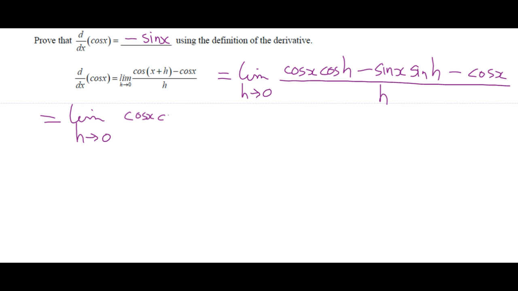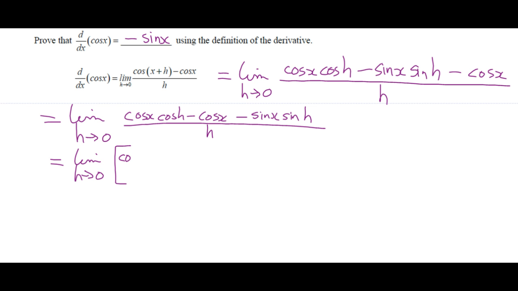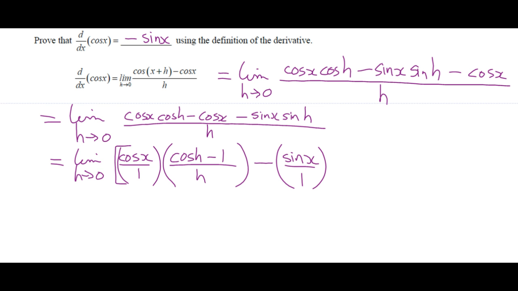So we're rearranging and factoring. Right.